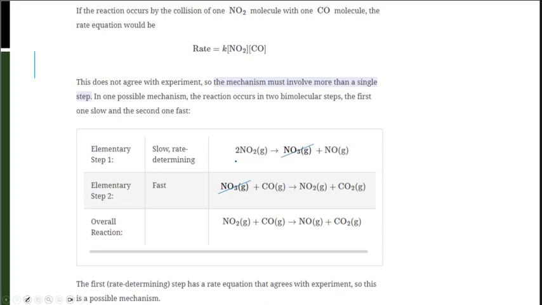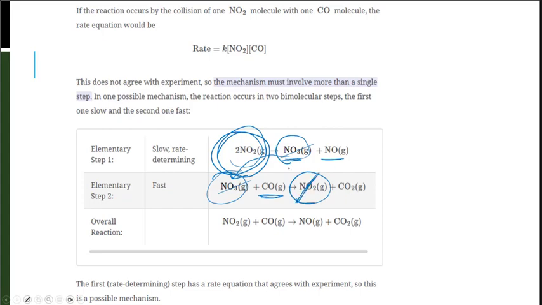Here would be one proposed mechanism. If I have two NO2s bombarding with one another to form an NO3 and an NO, and then that NO3 was an intermediate, came down here, and then bombarded it with the CO, then I would have a product of NO2 and CO2.